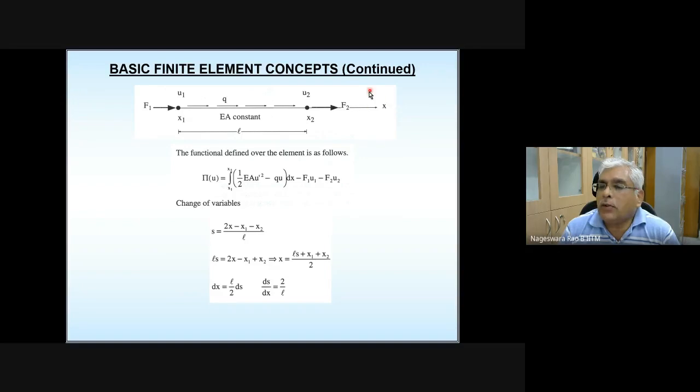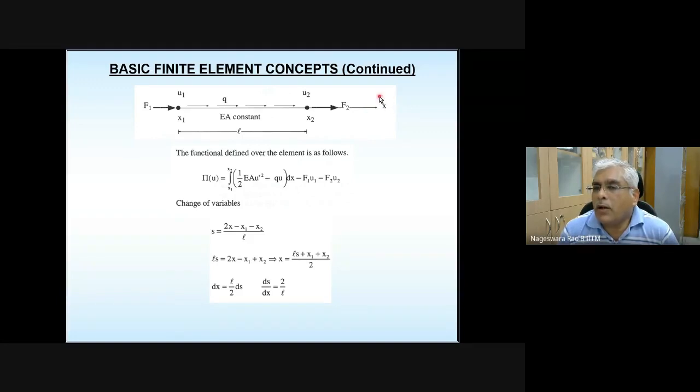This is an axis which is passing through the centroid of the element, coinciding with the centroidal axis of the bar element.